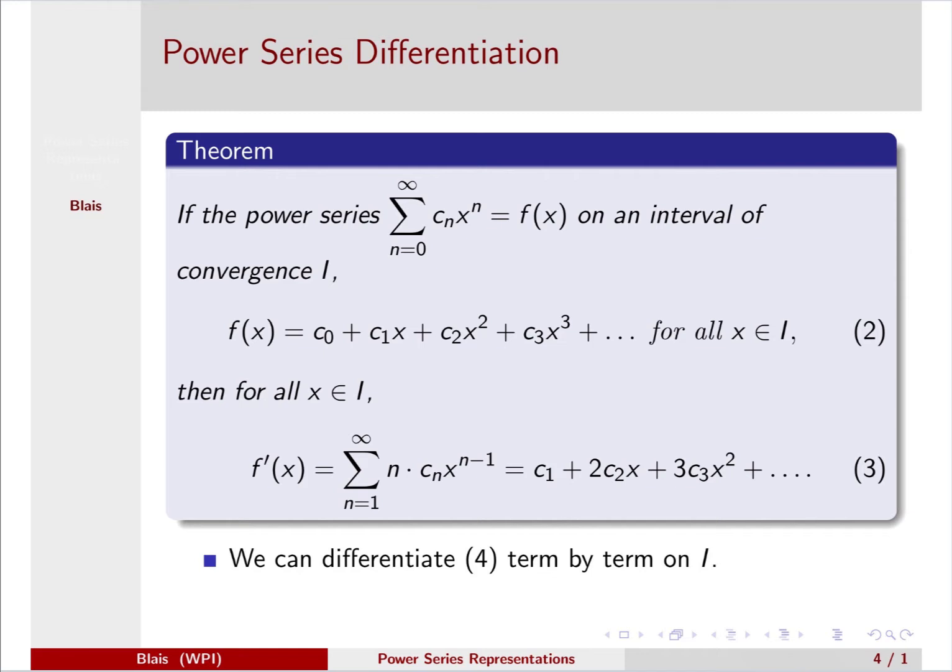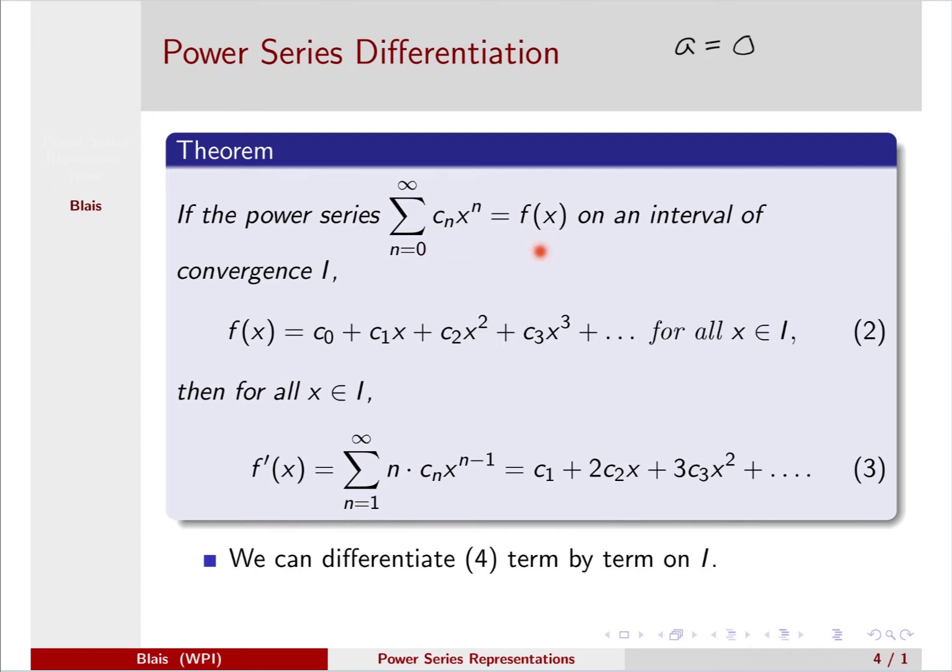Let's now consider the case, to make things simpler in terms of notation, where a is equal to 0, and consider the case where we have a power series representation for f of x on the interval of convergence I. And we've written out the first few terms here. Then, for all x in that interval of convergence, we can take the derivative of both sides of this equation.